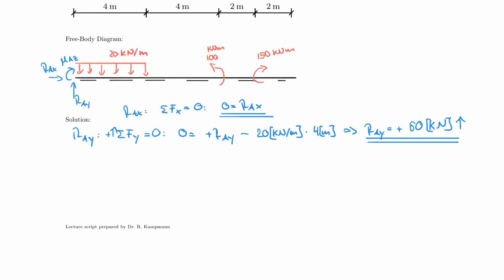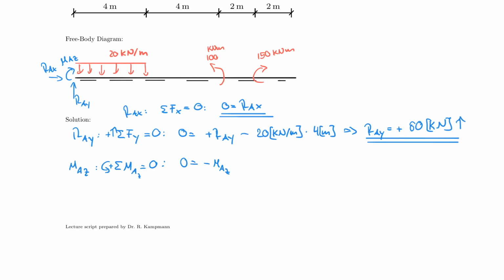Now for the moment about A, we would take the sum of the moment about A and set that equal to 0, counterclockwise positive. And I assumed that to be clockwise, so therefore 0 is equal to minus MAZ. And let's start with the 20 kilonewton.